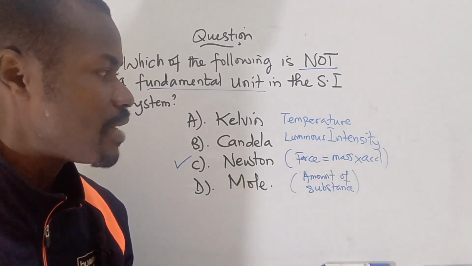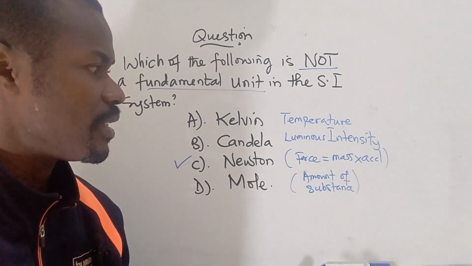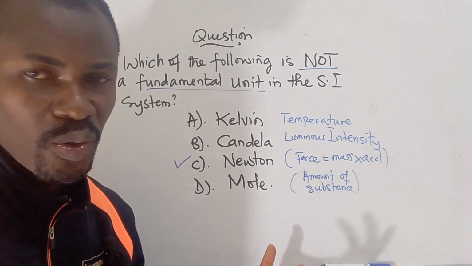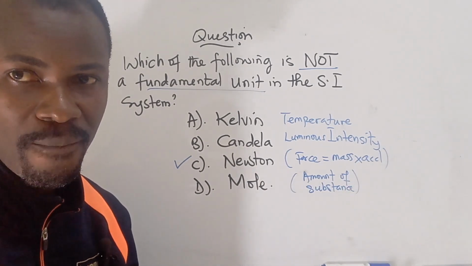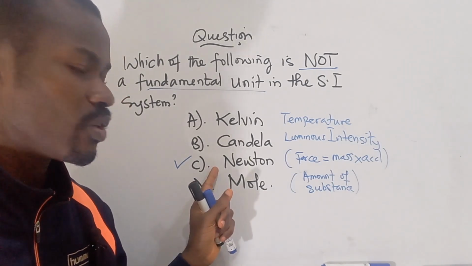Fundamental units are not derived from the product or division of any quantity. They are basic quantities. So our correct answer to this question is C.